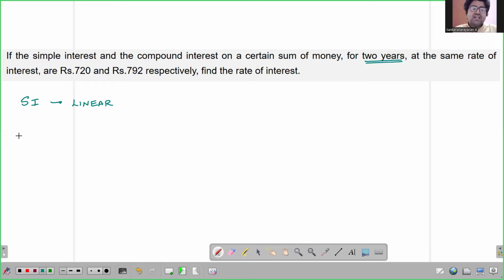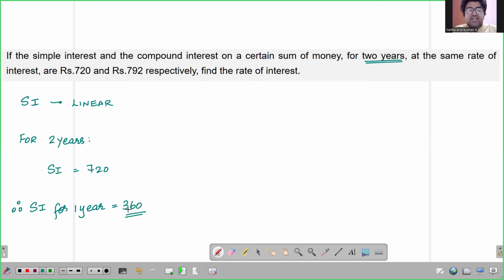So it is given that for 2 years, simple interest is 720. Since the linearity is maintained, can I not say that therefore simple interest for 1 year will be equal to 720 divided by 2, that comes as 360.